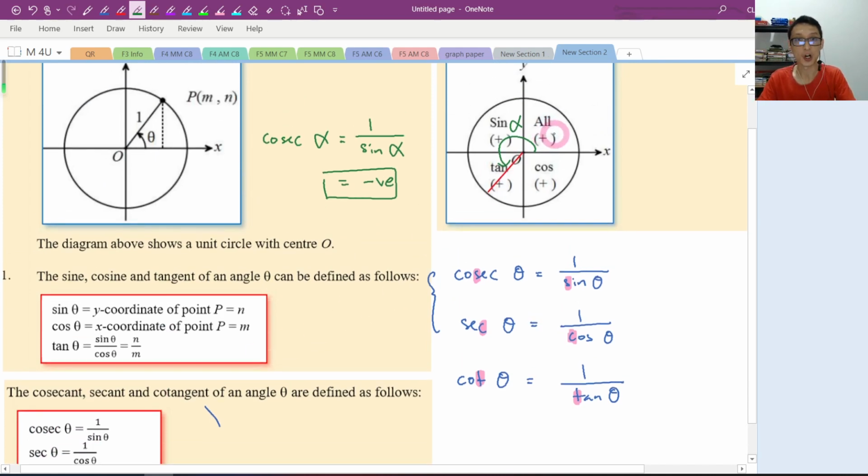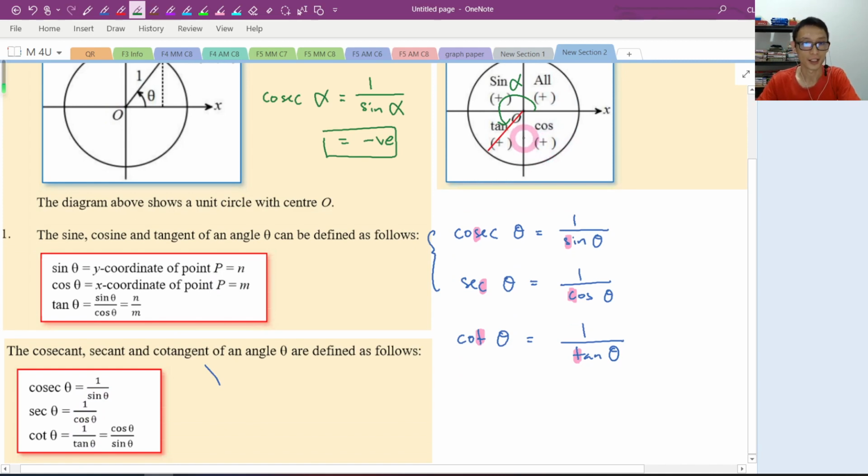So in the first quadrant, all positive, and in the second quadrant, secant will be negative. In the third quadrant, secant will be negative as well. In the fourth quadrant, cos is positive, so secant will be positive as well. So the sign actually follows this one. If cos is positive, then 1 over cos will be positive. If tangent is positive, then 1 over tangent will be positive. If sine is positive, then 1 over sine will be positive. In this quadrant, all positive.